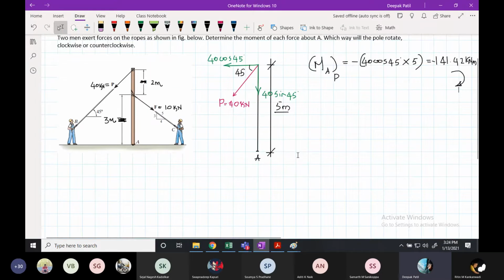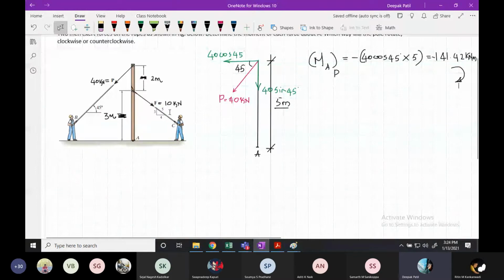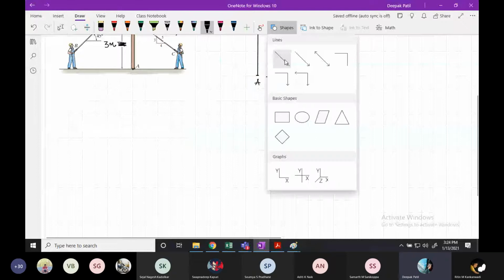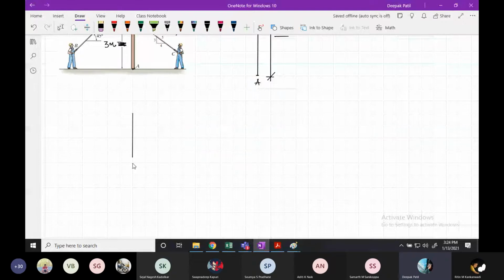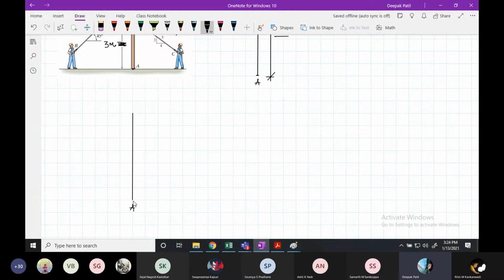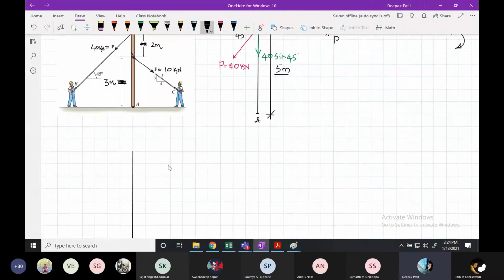Okay, now this is because of P, which is 40 kilonewton. Now let us move and find out what is the moment because of F, which is 10 kilonewton. So let me just mark the pole here. This is your point A, and say this is the point where F equal to 10 kilonewton is acting.